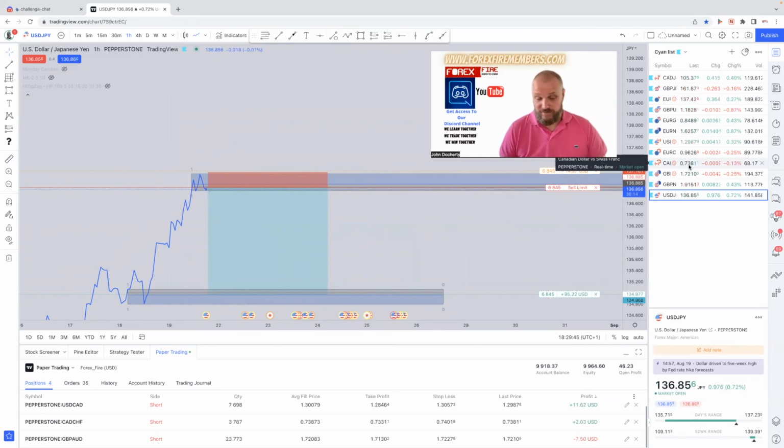So again, like I said, open profits are about 40 odd quid up. Overall floating, we're about 35 quid down. Overall, we are about 80 quid down.